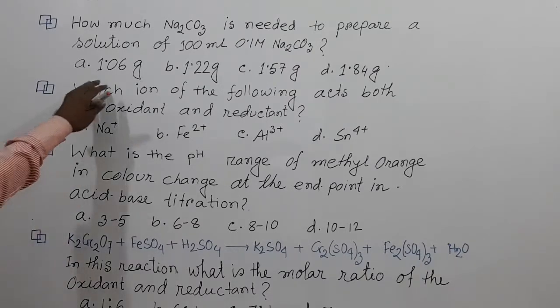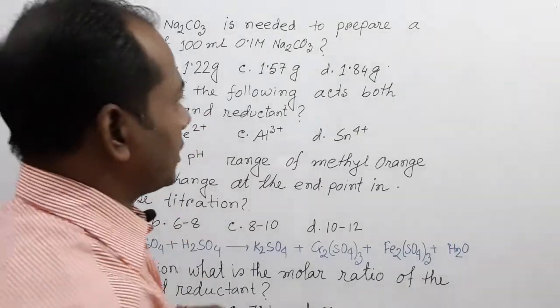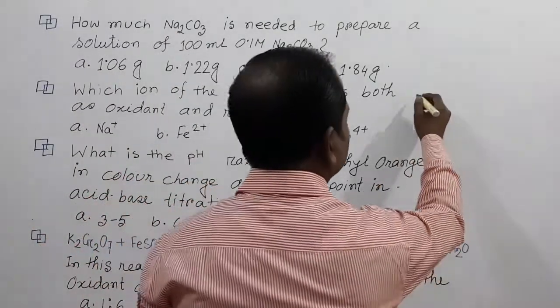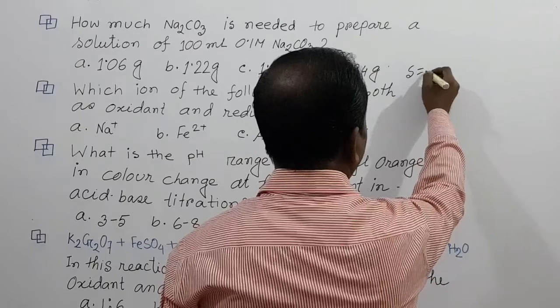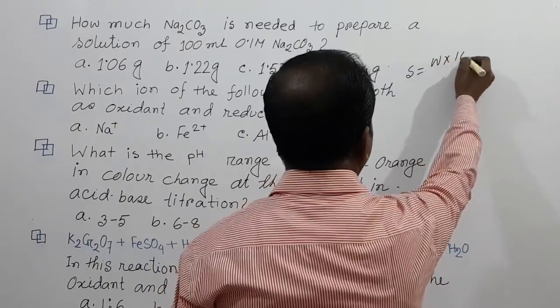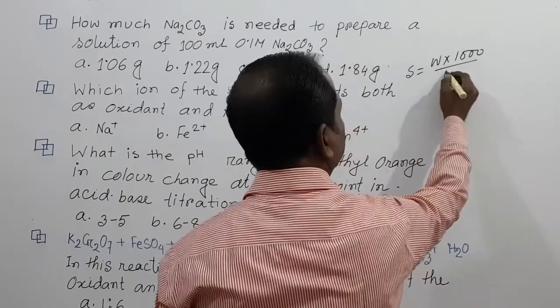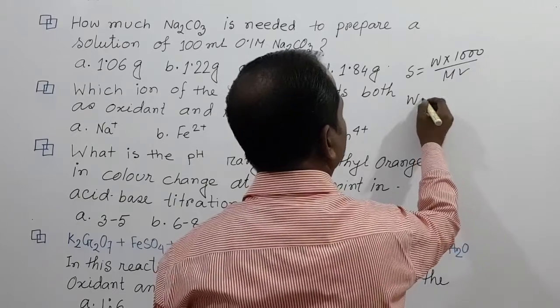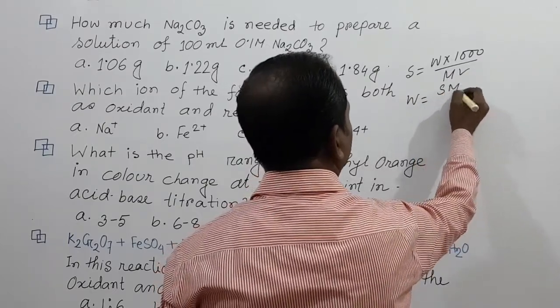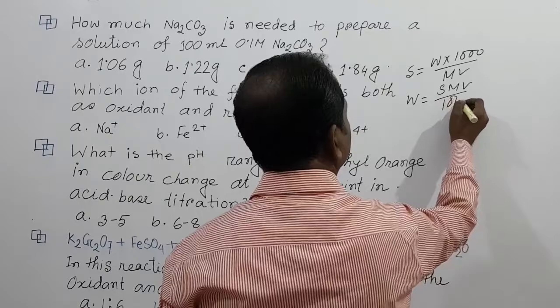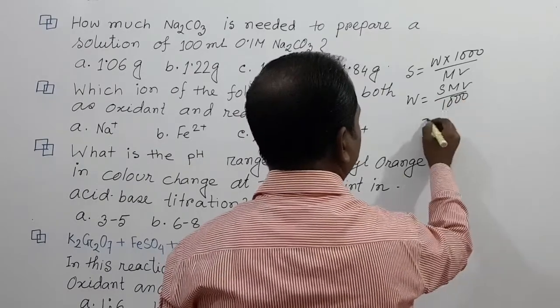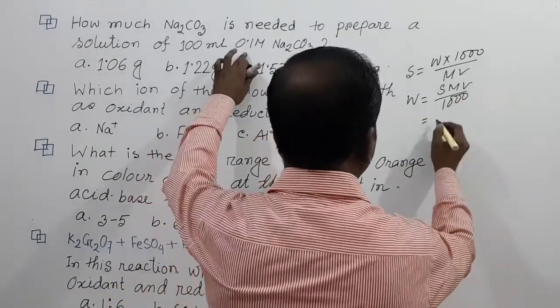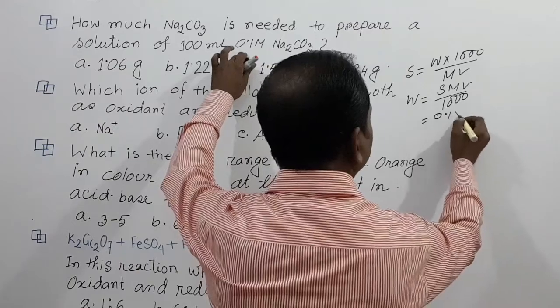Four options are given. My dear students, we know that S equals W into 1000 divided by MV. So, W equals SMV by 1000, and here the given concentration is 0.1.